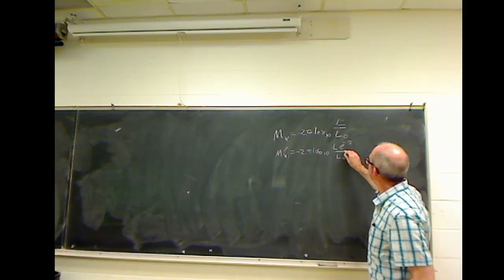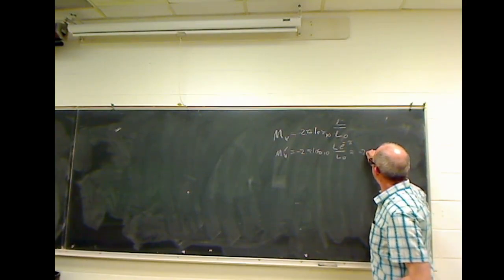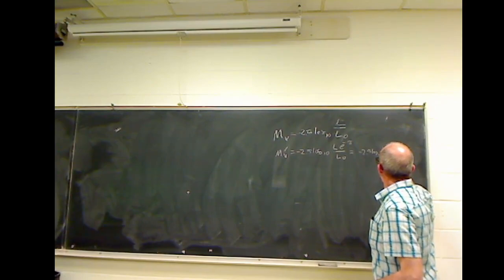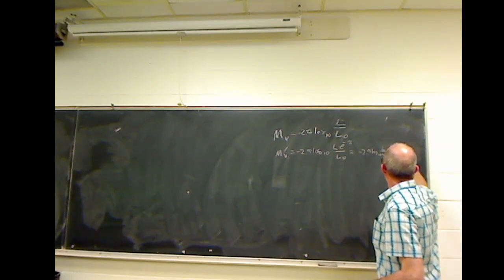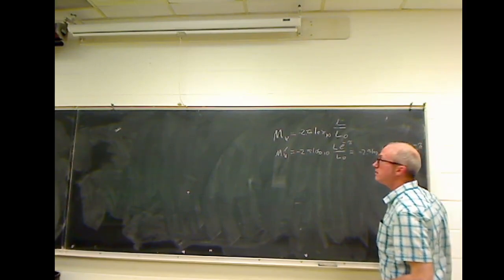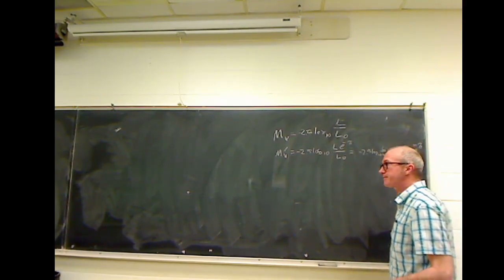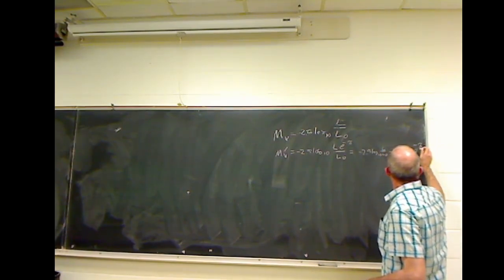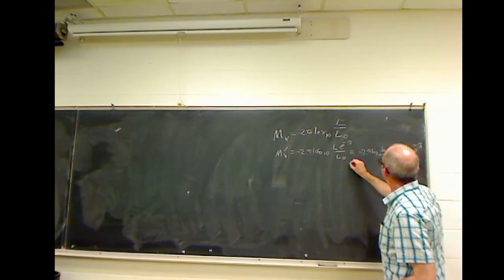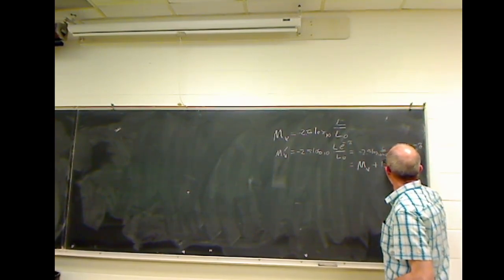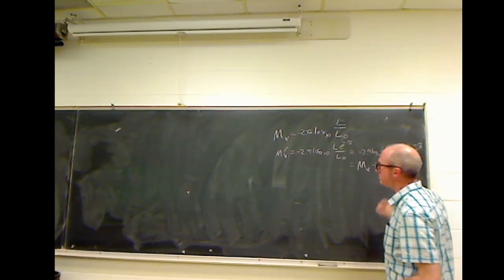And I can simplify this. This just turns into minus 2.5 times the log base 10 of L over L naught minus 2.5 times the log base 10 of e to the minus tau. Right? So I can do this log, and I'm just left with M_V plus 1.09 times tau.